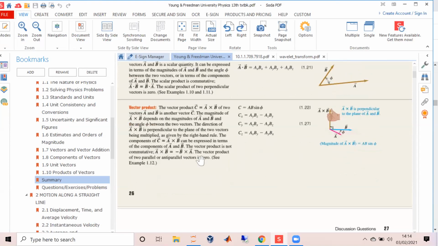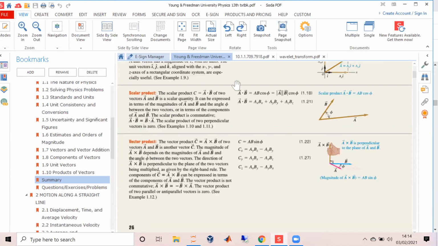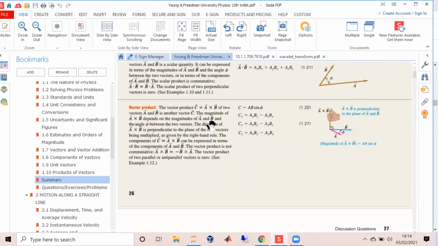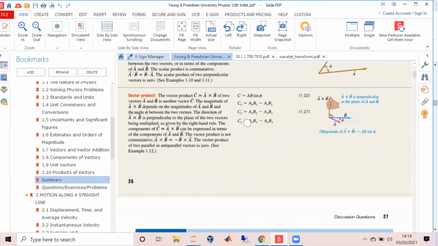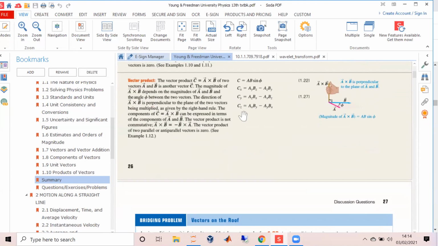And vectorial products. There's not much more to say than what it says here in the book. I don't know if you have any problem with this, guys. This is very important: the right hand rule for vector products, which is expressed here.